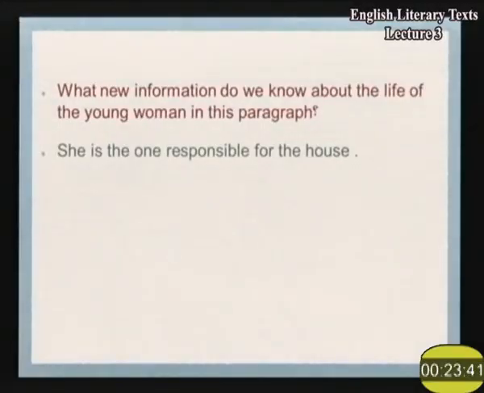So what we get from reading these few paragraphs is that Evelyn is the one responsible for the house. She is the one who is cleaning the house and taking care of it. We also know that she works in a shop and that her boss is not a very pleasant person. She is a person who gives too many orders to Evelyn and asks her for too much.